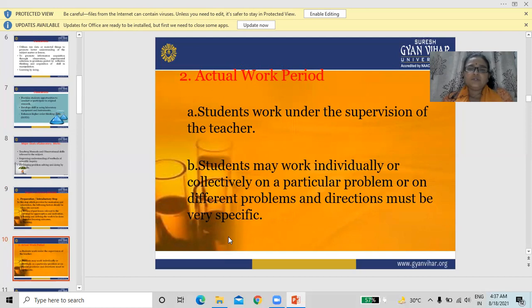Next is students may work individually or collectively on a particular problem or on different problems, and direction must be very specific.